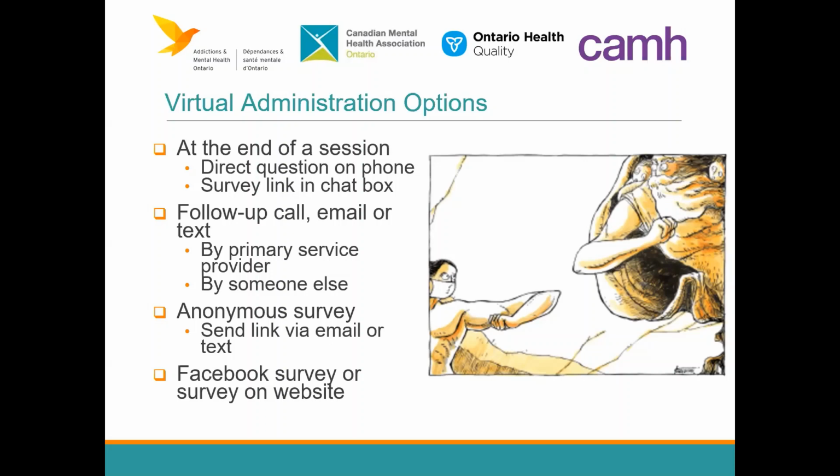SurveyMonkey does provide some anonymity in that the answers are aggregated when they're received, so that's a good way of separating out any personal responses from particular clients. Agencies may have access to something along the Facebook lines or through a Facebook page, or if they have a well-developed website, they may be able to integrate an interactive survey right there, similar to, if not identical to, SurveyMonkey.